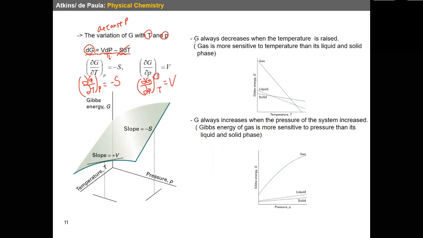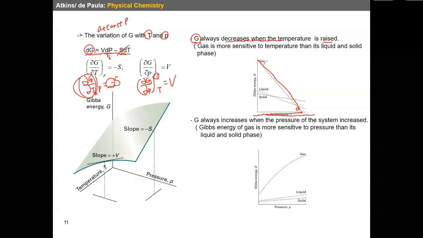So that's why the Gibbs energy always decreases when the temperature is raised, right? Because this is the slope of the Gibbs energy against temperature, and this slope is negative. So the Gibbs energy has an inverse relation to temperature, and we can get this two-dimensional graph: as temperature increases, Gibbs energy decreases.